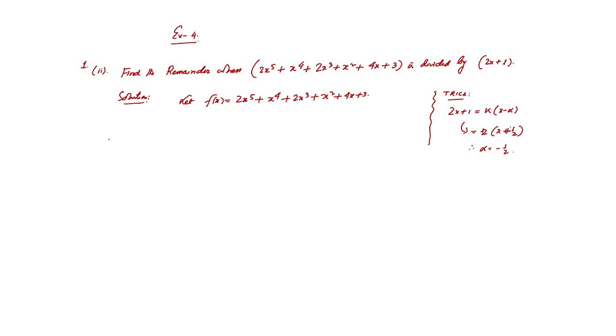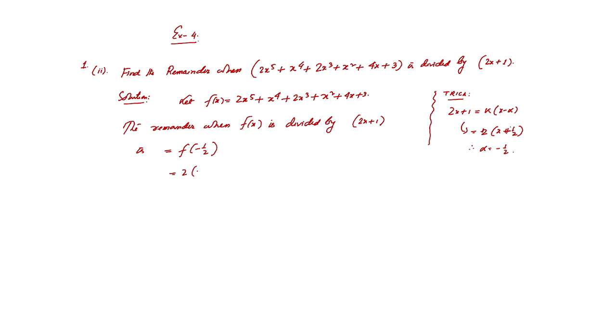So by the remainder theorem, the remainder when f(x) is divided by 2x plus 1 is equal to f of minus half.